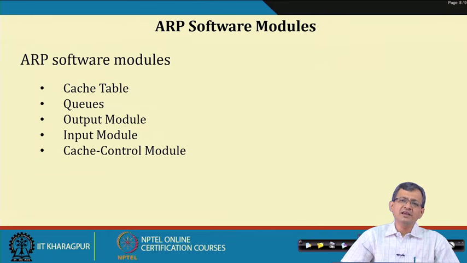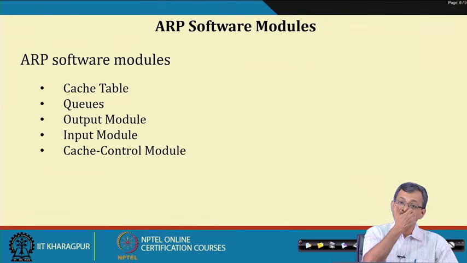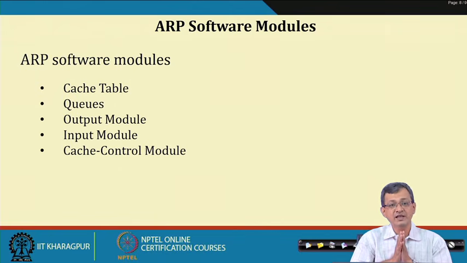So, if we look at the ARP module per se, what would that ARP have? One is that it sends requests and other things, but from the operational point of view, that may not be very helpful. So, what other things may be there? There can be a cache table, caching the recent resolutions, so that if a request comes within a shorter time period, it can reply from that cache only.